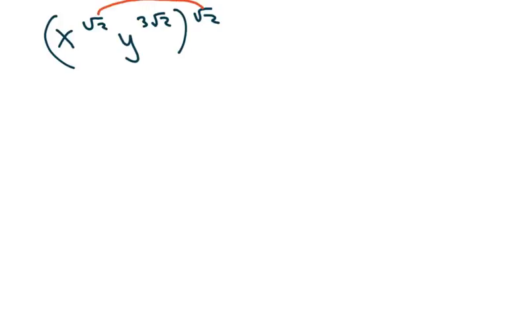Okay, the next one we have is x to the square root of 2 times y to the 3 square root of 2 times the square root of 2. Now in this case what we're going to do is multiply both of these. So we already know the square root of 2 times the square root of 2 is just 2.